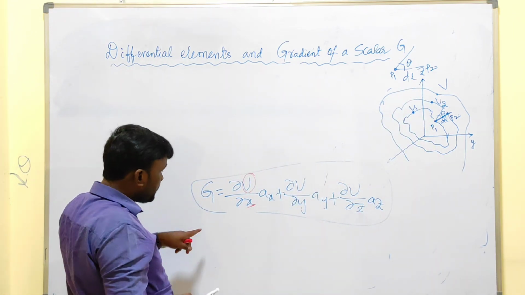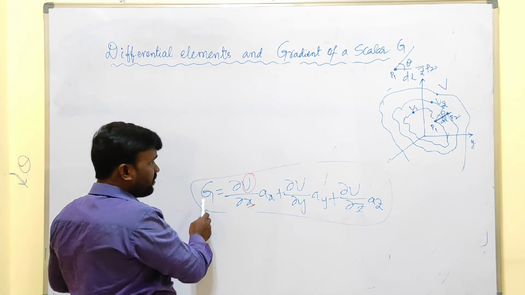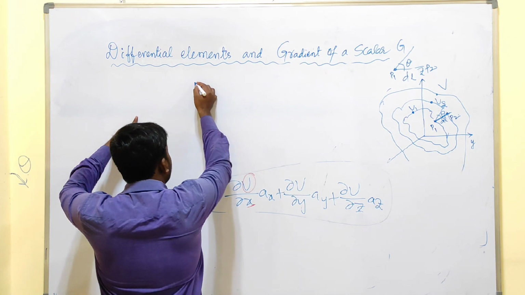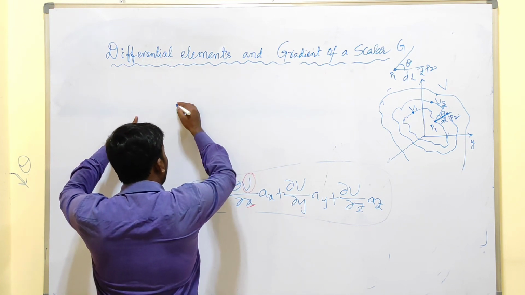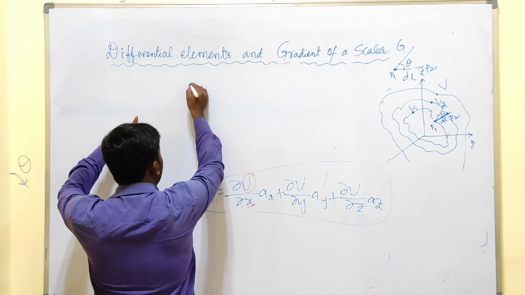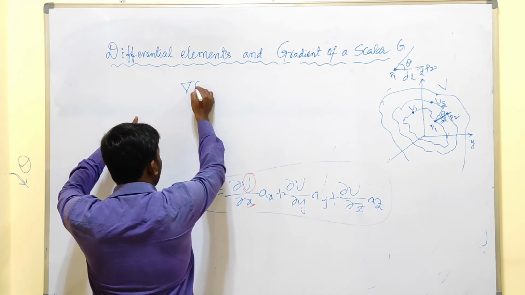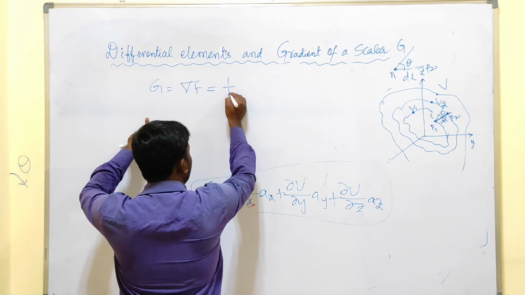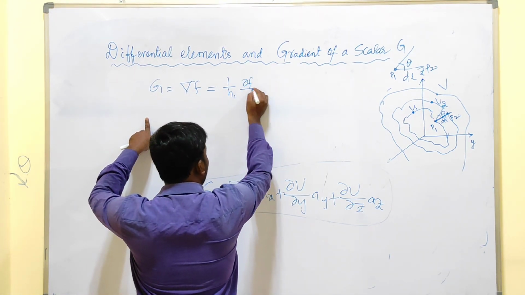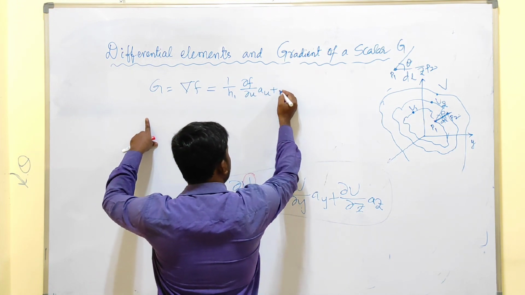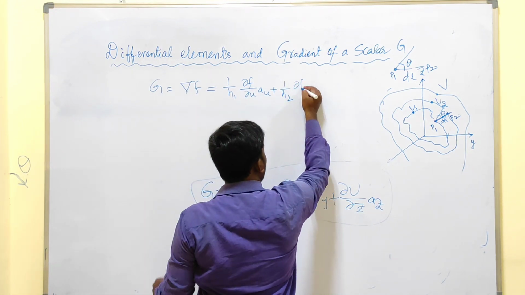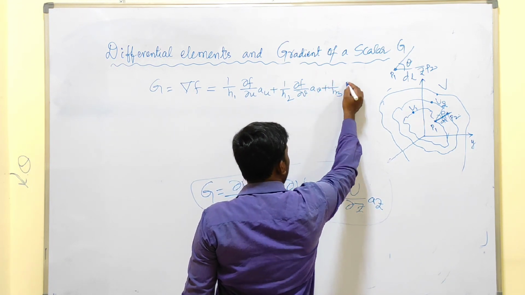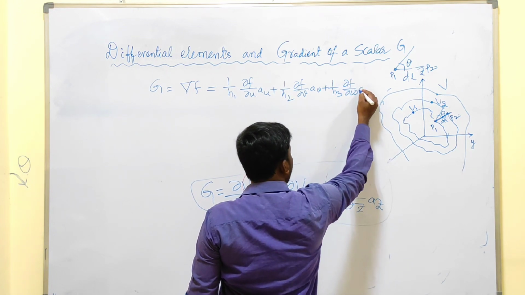Now here we have the gradient formula in the Cartesian coordinate system. In the generalized formula, the gradient of any function f, del f, is given by 1 by h1 dou f by dou u, au plus 1 by h2 dou f by dou v, av plus 1 by h3 dou f by dou w, aw.